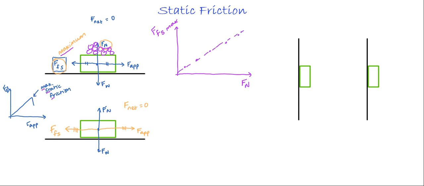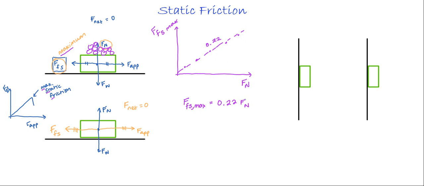And from this equation, we could say that the maximum static friction, I'm going to put here a subscript max, equals some constant. Let's say that our slope came out to be 0.22, just for this example, times the normal force. We saw there was a direct proportion between normal force and maximum static frictional force.